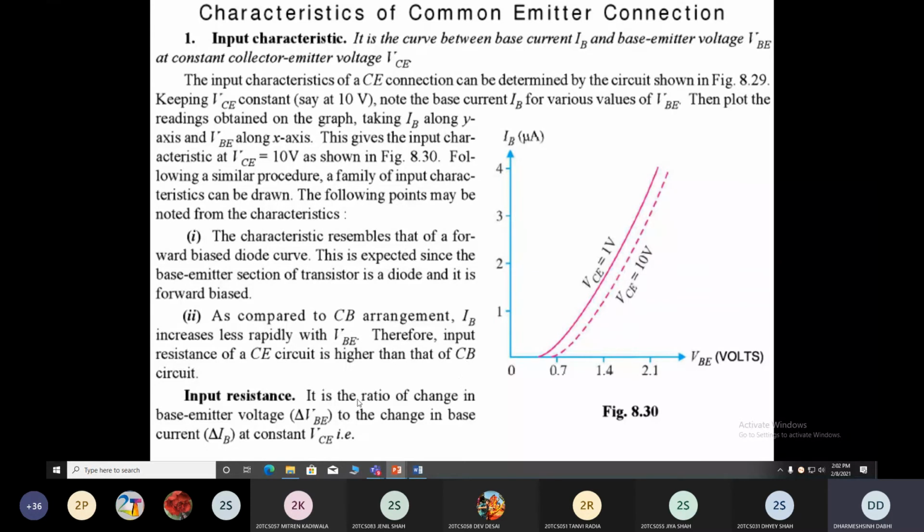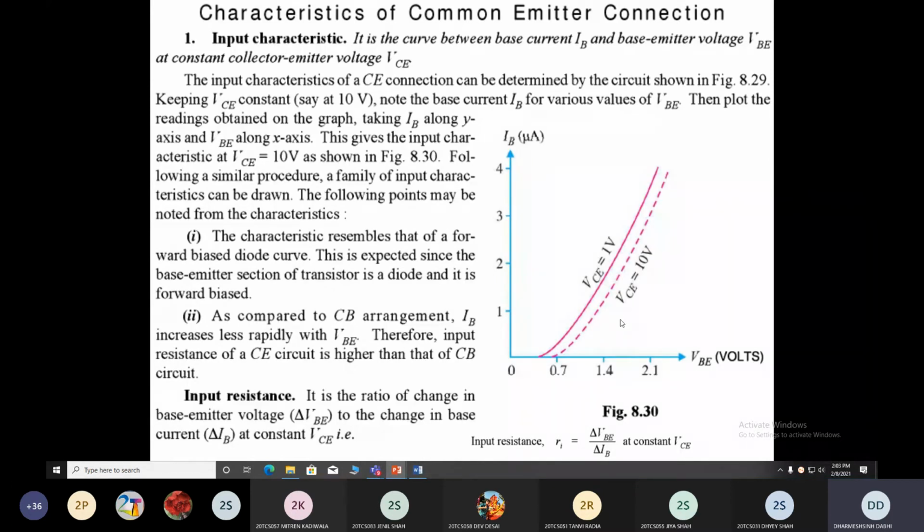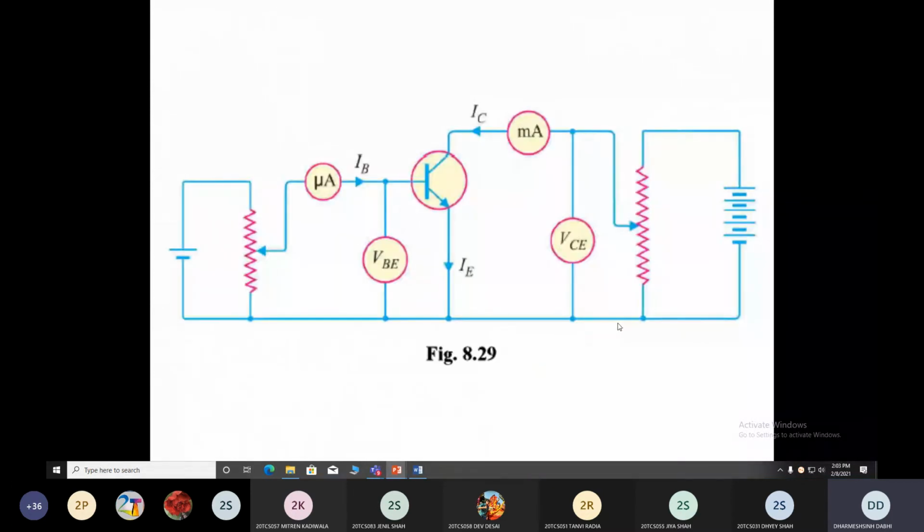So the value of input resistance is what? Input voltage base to emitter voltage divided by base current. Clear? Delta VBE divided by delta IB. So this is the value of input resistance, which you can find out from the input characteristics.